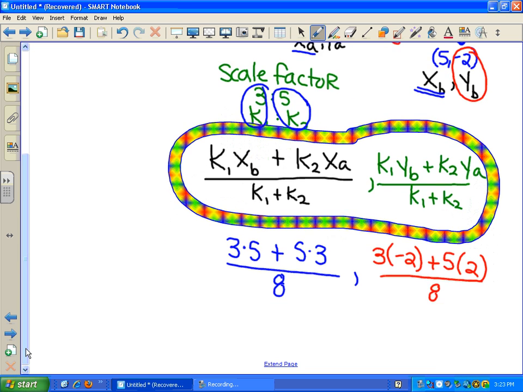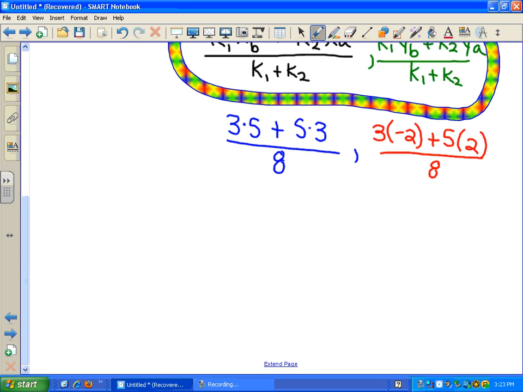Now we can simplify this. On the X one, 3 times 5 is 15, plus 5 times 3 is 15, divided by 8. My Y is going to be 3 times -2, which is -6, plus 5 times 2, which is 10, all over 8.